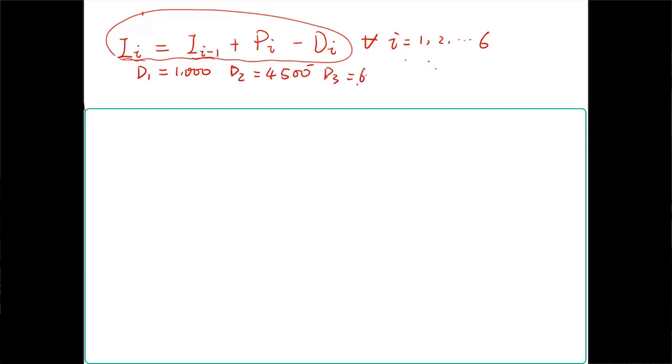D3 equals to be 6000. D4 equals to be 5500. D5 equals to be 3500. And D6 equals to be 4000. Okay, so these two together define the second group of constraints, which is the relationship between your beginning inventory and production and demand.